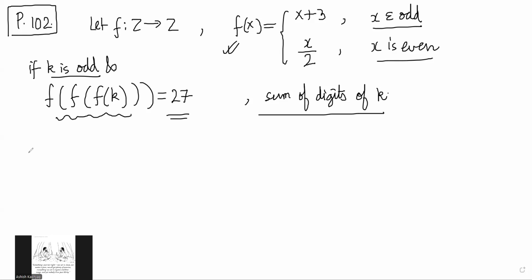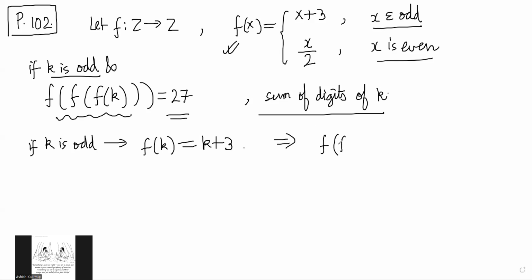So now think about it. If k is odd, from the given definition here, f of k is going to be k plus 3, right? So this condition becomes f of k plus 3 is equal to 27.